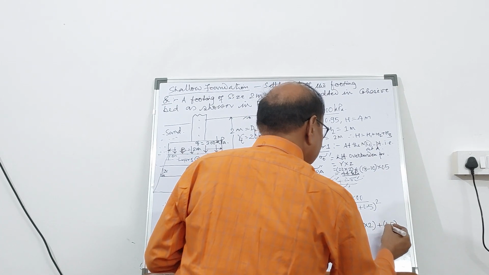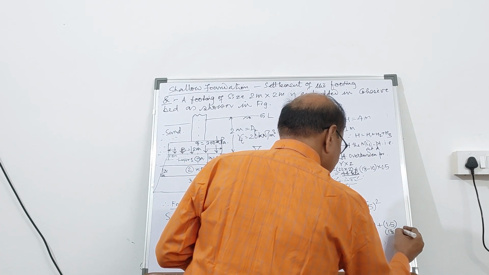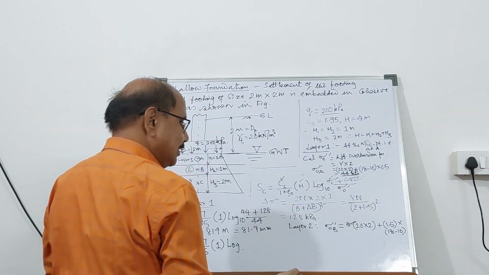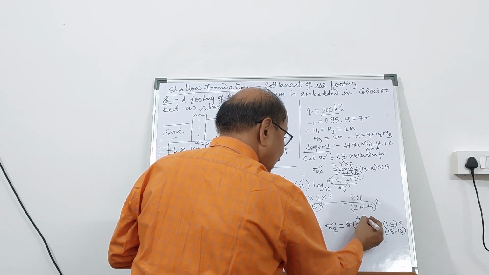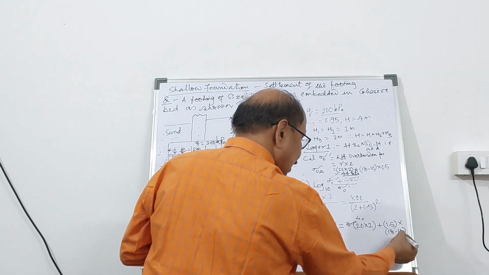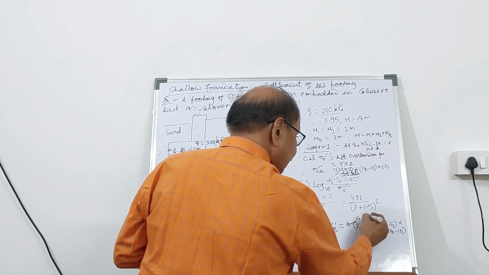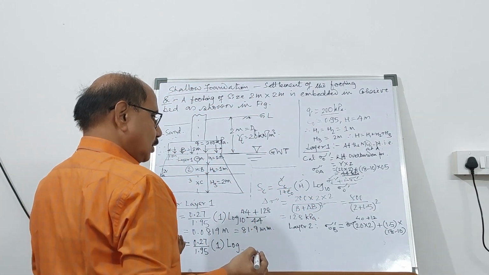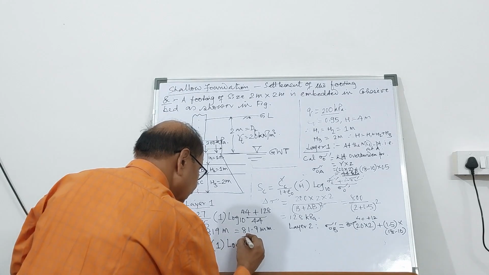The effective unit weight is going to be 18 minus 10, as we have calculated here. Similarly, it will become 40. This becomes 1.5 times 8, that is 12. So this becomes 52 here.